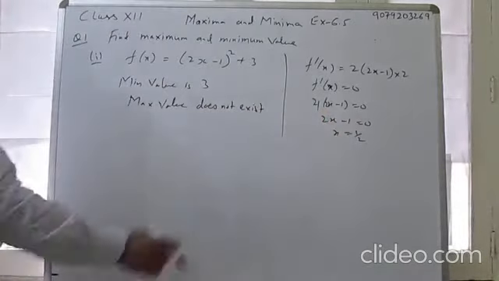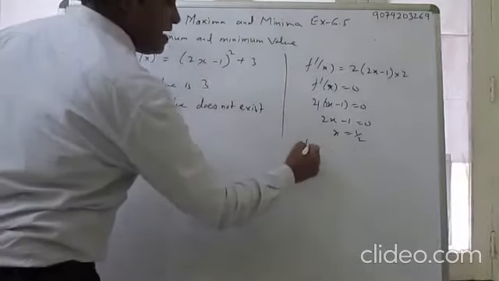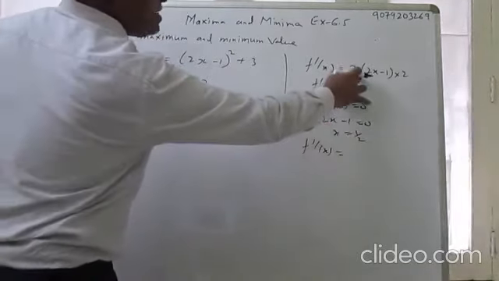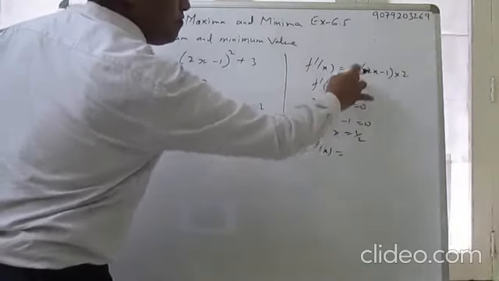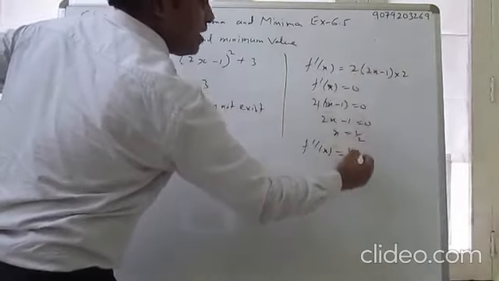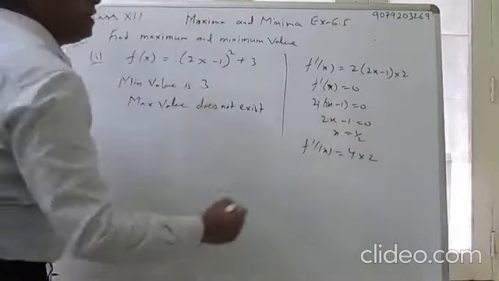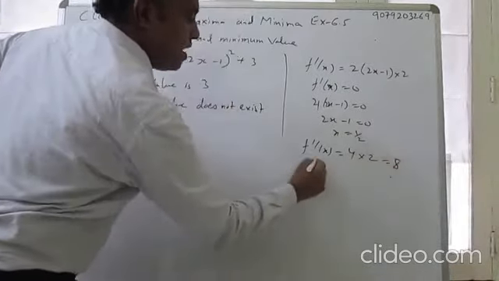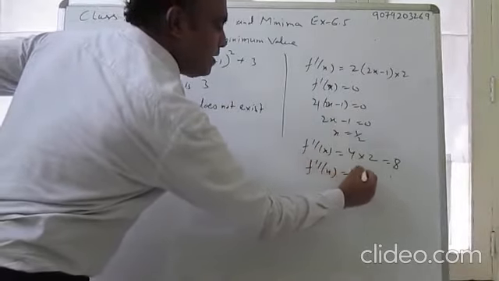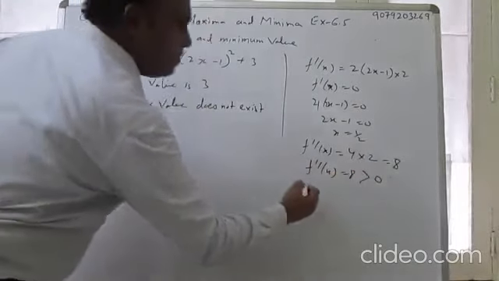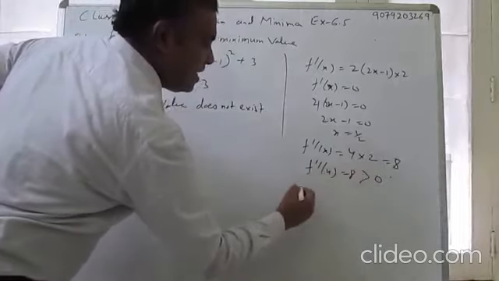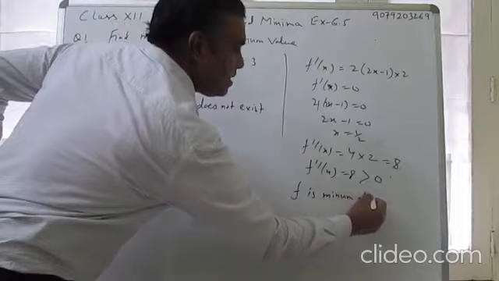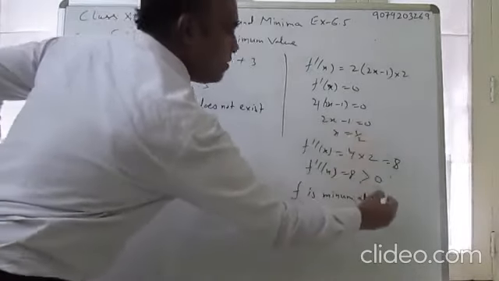Now this is f dash x, so f double dash x is 4 into 2, it is 8. So f double dash x is equal to 8, greater than 0, so we can say that f is minimum at x is equal to 1 by 2.